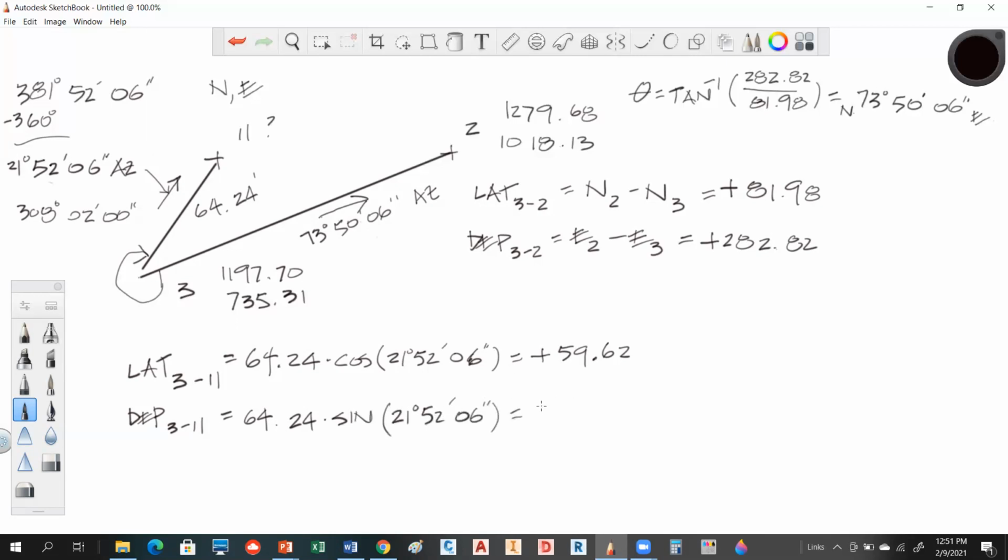That's also going to be plus. Sine. Okay, so that looks like 23.93. And both of the units here would be feet, by the way.